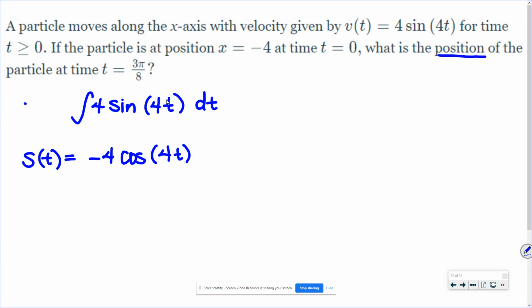Well, since we are doing an antiderivative, we won't multiply by the derivative of the baby, we will divide by the derivative of the baby, which is 4. So your antiderivative here is negative cos, because the 4's here and here would cancel, negative cos of 4t plus c.